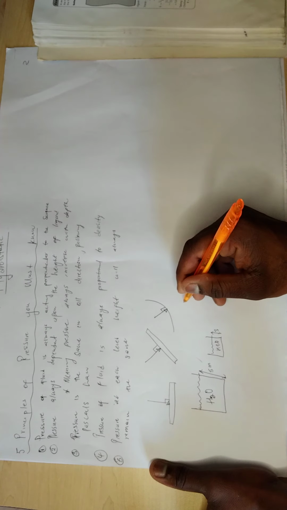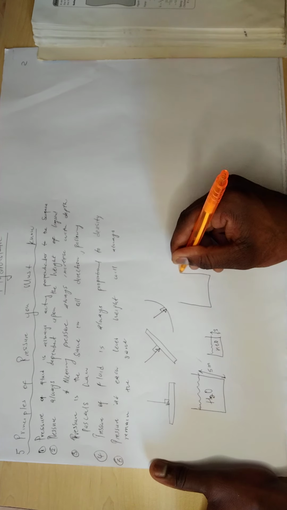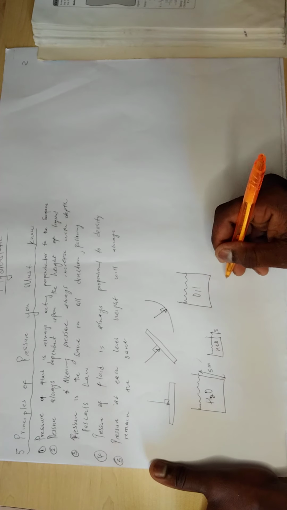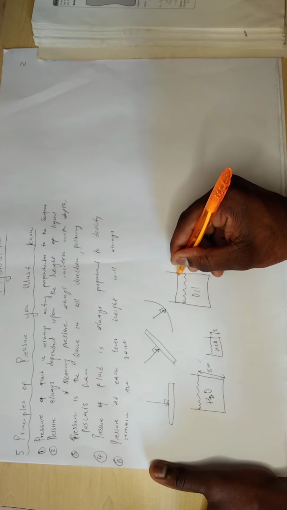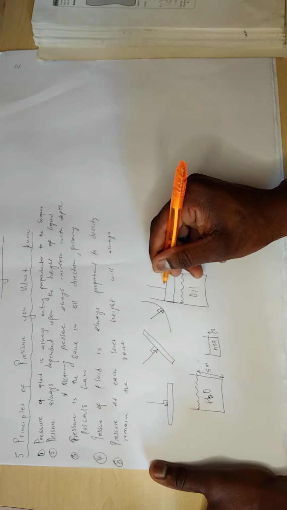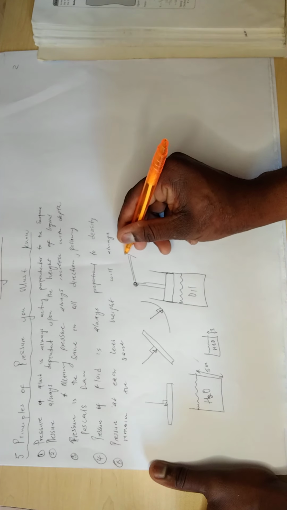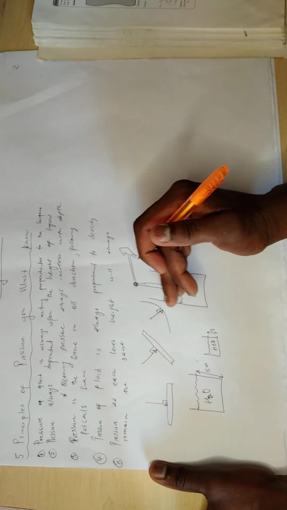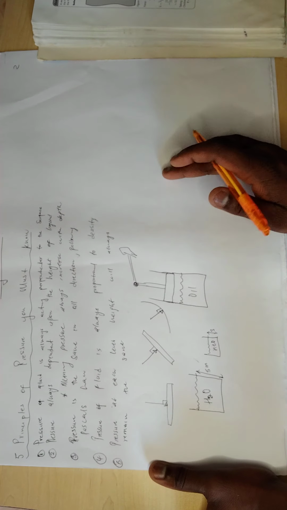Let me give an example about a cylinder like this, and suppose here we have oil. Here it's a piston, and maybe here it has a lever and a pedal where we're going to press. When we press the pedal, we let the piston press the oil. Maybe we want to deliver something.